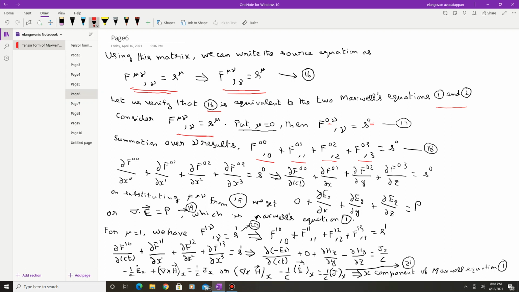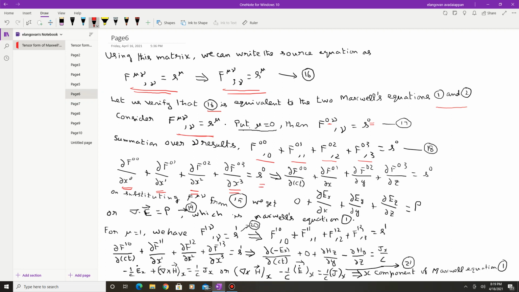What is the meaning of this? F 00 comma 0, partial dF 00 by dx0, is 0. That is the meaning of the first term. Partial dF 01 by dx1 is the second term, partial dF 02 by dx2 is the third term, and partial dF 03 by dx3 is the fourth term, which is equal to S 0.